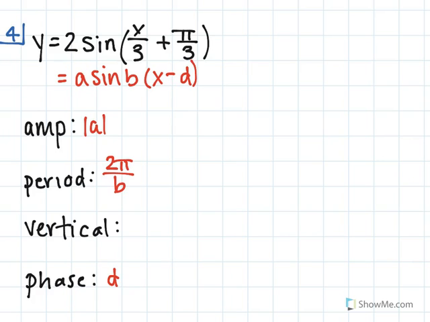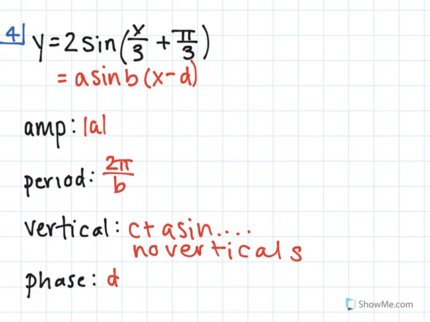A vertical shift would occur if we had c plus a sine of everything that you see up here. However, since there is no number being added to our function, there is no vertical shift, so we don't have to worry about that one.